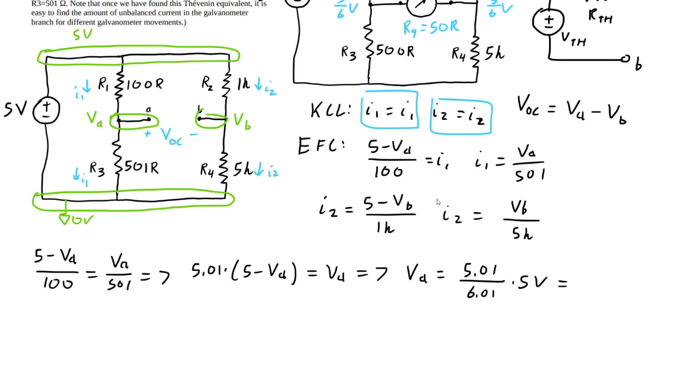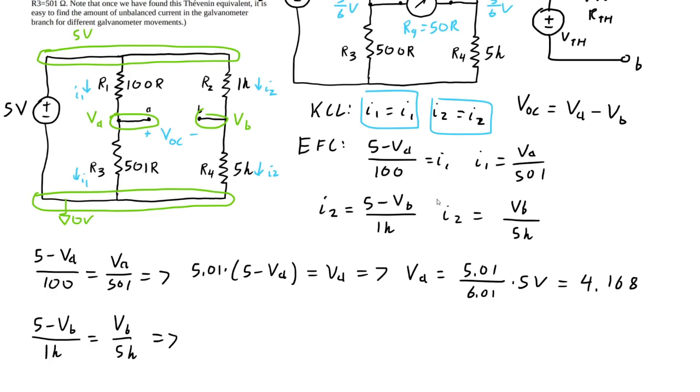So that is going to be 5.01 divided by 6.01 times 5, which is 4.168 approximately. So we're going to do the same process for calculating VB. To do that, we're going to do (5 minus VB) over 1K equals VB over 5K.